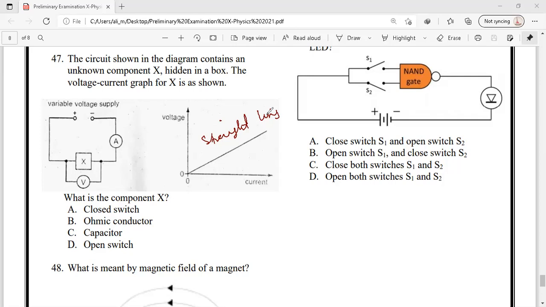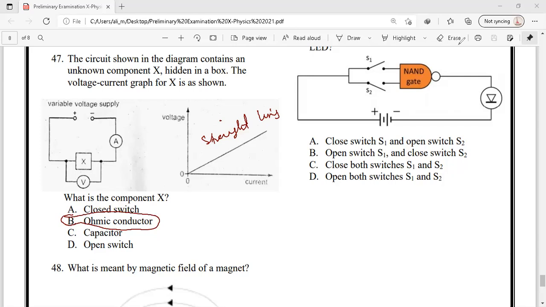We know that the voltage-current graph is always a straight line for a metallic conductor or an ohmic conductor. So this element X could be nothing other than an ohmic conductor, because the voltage-current graph is a straight line. Option B is our correct answer.